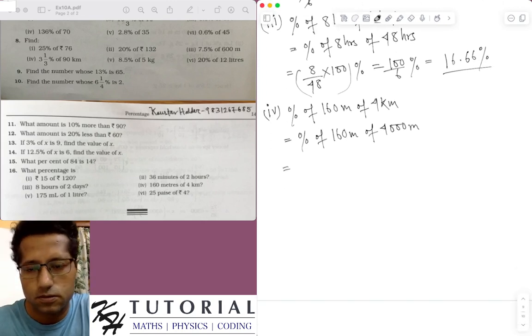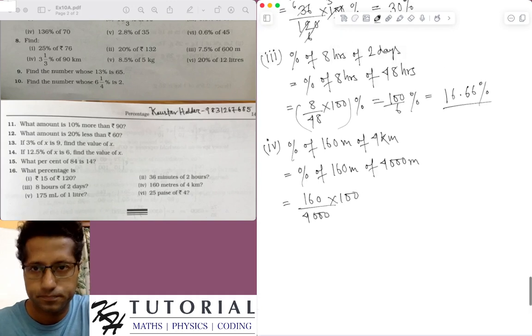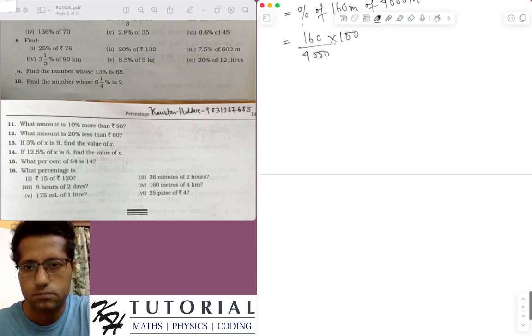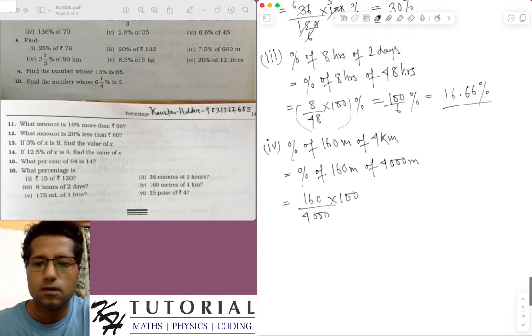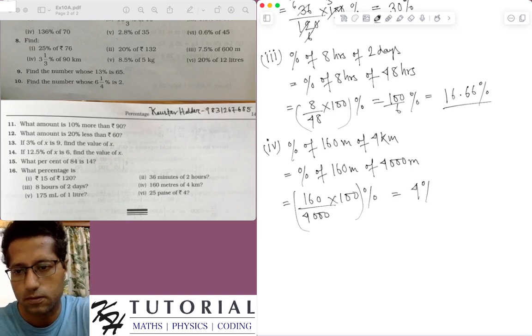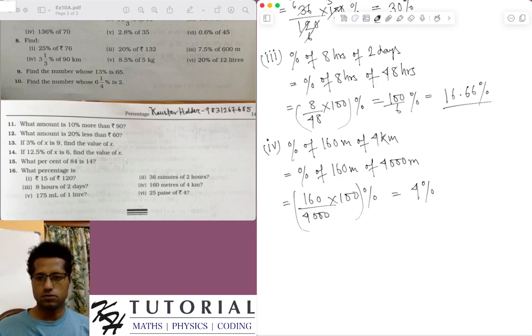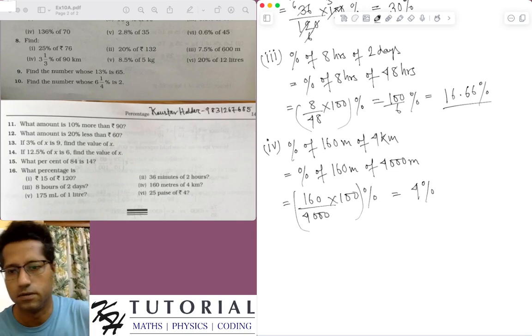So this equals 160 divided by 4000 multiplied by 100. 3 zeros cancel out, so this is 4%.